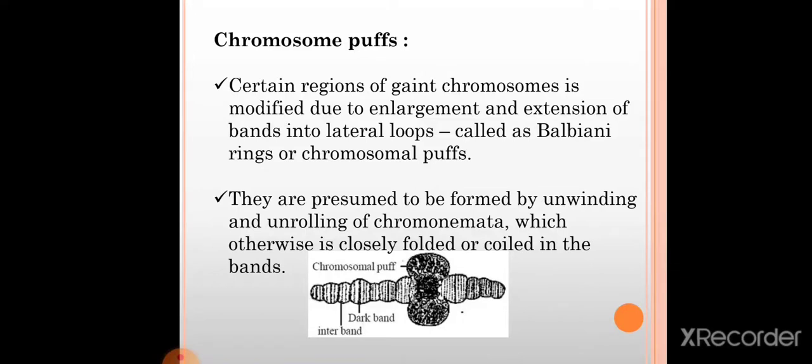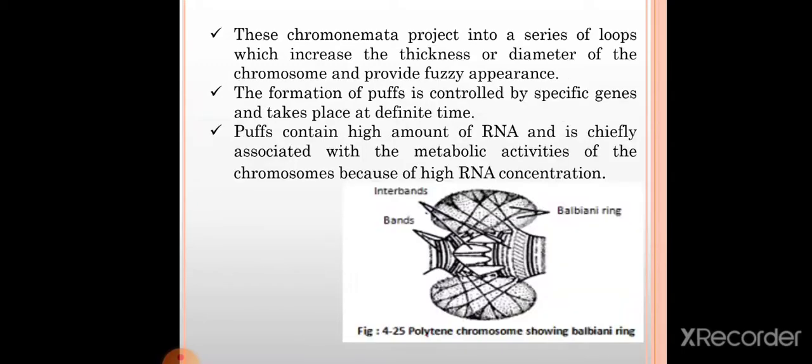They are presumed to be formed by unwinding and unrolling of chromonemata, which otherwise are closely folded or coiled in the bands. These chromonemata project into a series of loops which increase the thickness or diameter of the chromosome and hence provide a fuzzy appearance.